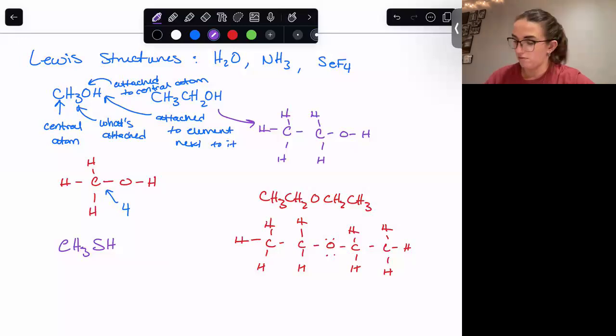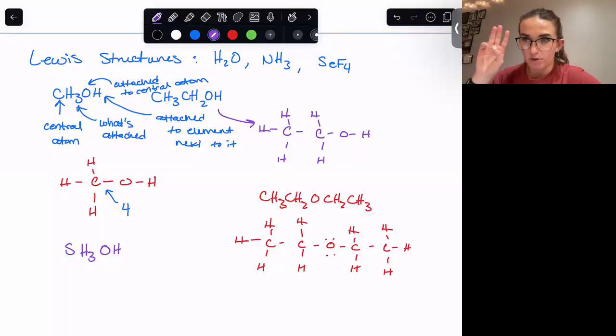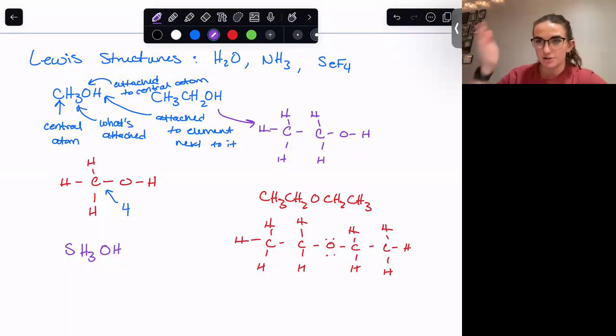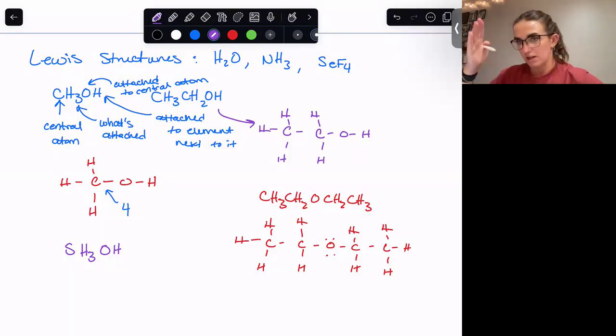Yep, so if this was then SH3OH, it's still written as the S gets attached 3 of the hydrogens, then you attach the oxygen, and then you attach the hydrogen to that oxygen, whatever comes right before it. If it's going to be attached to that central atom, it'll be the next element that comes right afterwards.